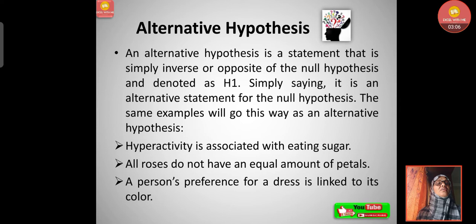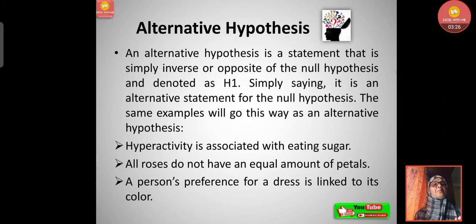Now what is the alternative hypothesis? An alternative hypothesis is a statement that is simply the inverse or opposite of the null hypothesis and is denoted as H1. Simply saying, it is an alternative statement for the null hypothesis.